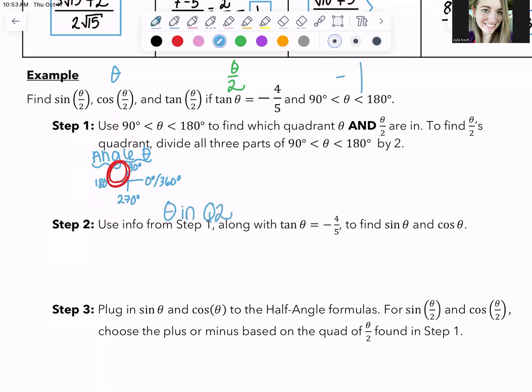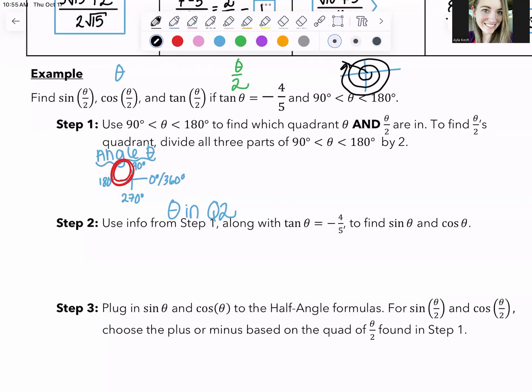And we don't know how it got to quadrant 2 either. We just know that theta ends in quadrant 2. It terminates there. It could be a negative angle that goes around like a million times and then ends here. Well, I guess we do know how it gets there. Just kidding. We know it gets there because it's between 90 and 180 degrees. This one doesn't just say quadrant 2.